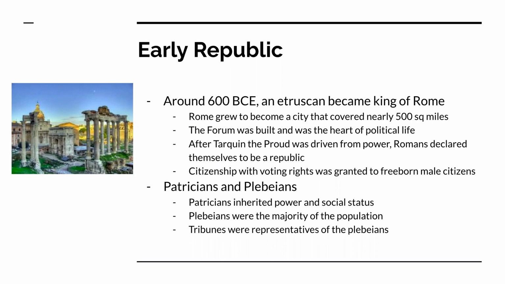And with that, you also have a group of people known as tribunes. They become representatives of the plebeians, and they are looking out for the livelihoods of the plebeians a lot of the time. The patricians are going to claim that they inherit power and social status. That was their thought process, that they would inherit the power and the social status that existed amongst those groups.